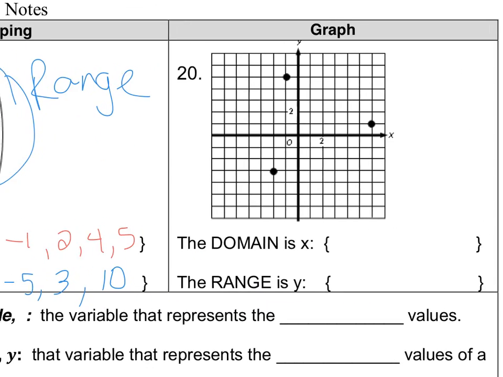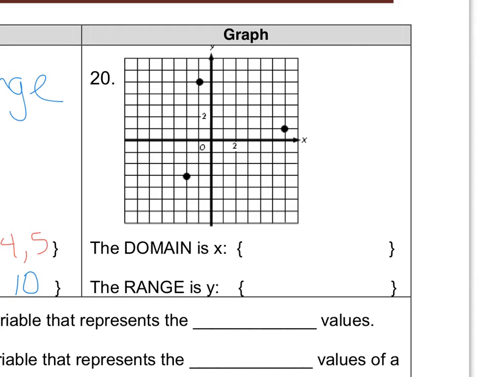All right, and the last way to look at it is how do you list your domain and range when using a graph? Now, the easiest way to do this, you actually have to know your coordinate points, but I want everyone to write the coordinate points for each one of these points on the graph. So we're going to start with the very first one down here in the bottom.